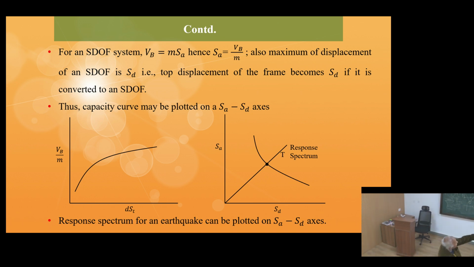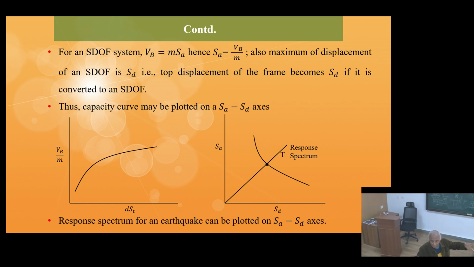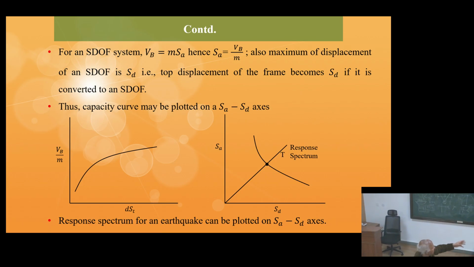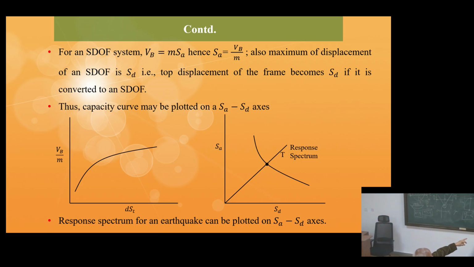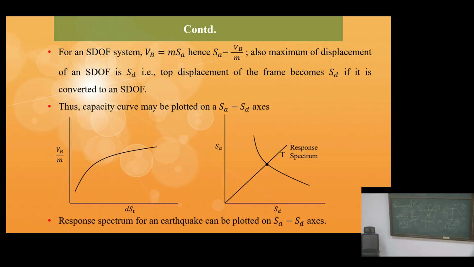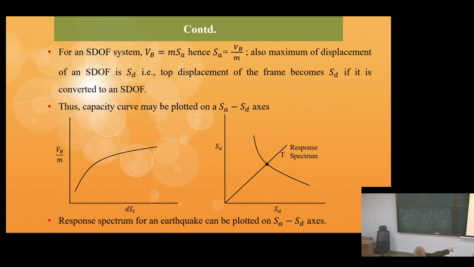So what you do, you simply divide the VB by the mass of the building, whatever is the mass of the building, and you immediately get SA. And the top displacement itself becomes SD.